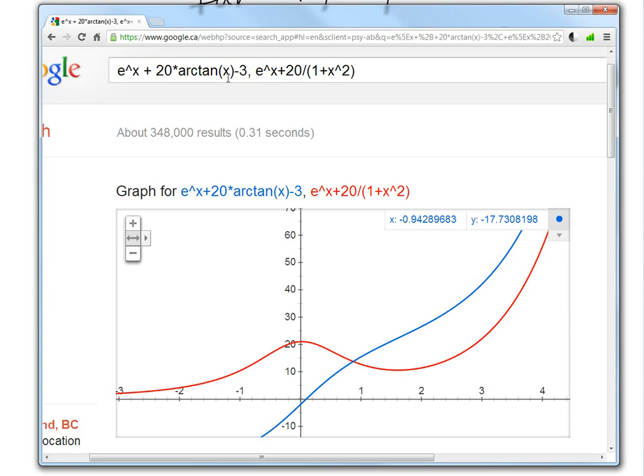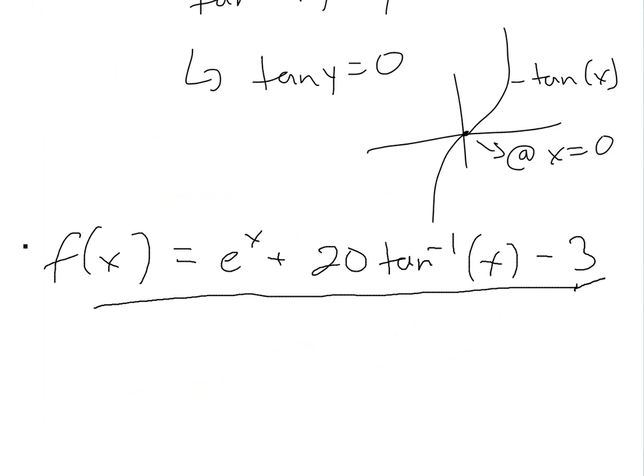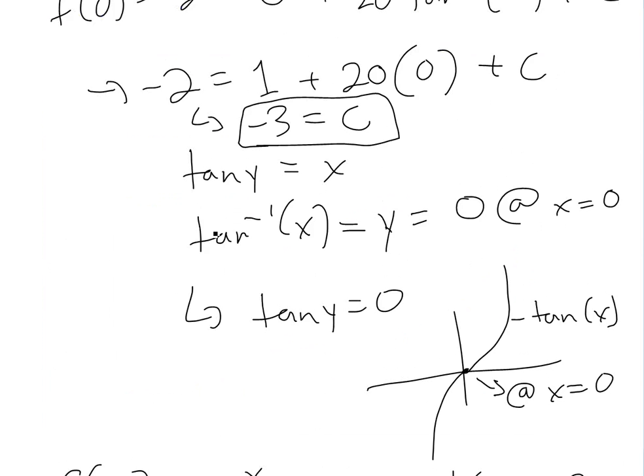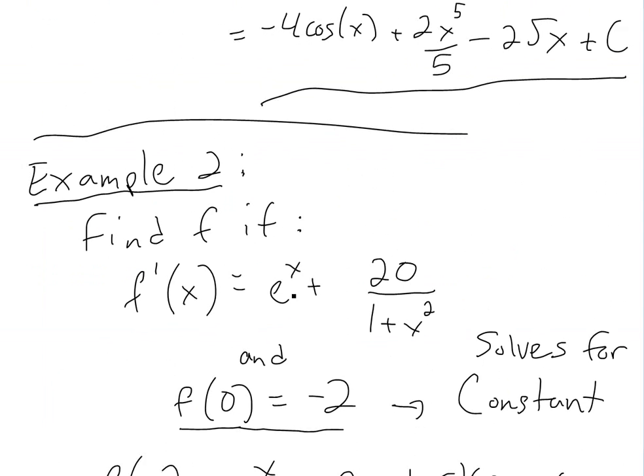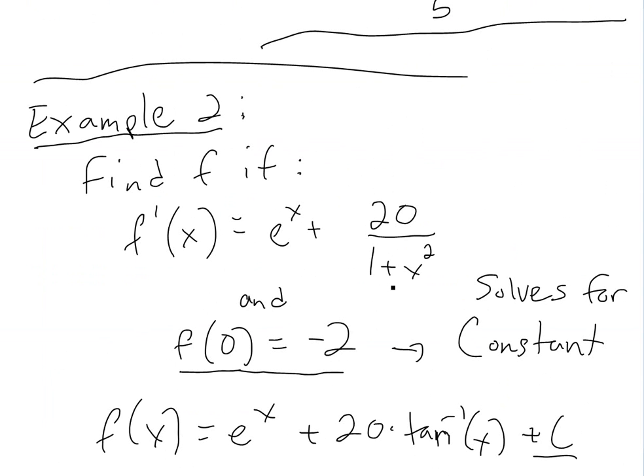And also, if you were to graph those two functions here, f of x is the blue one, and the derivative of it is the red. As you can see, the derivative is always positive just by looking at the function. There's no way that it could be negative, because e to the x is always going to be positive, whatever value you put in, and also this x squared makes everything positive here.